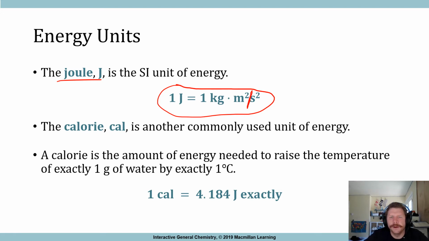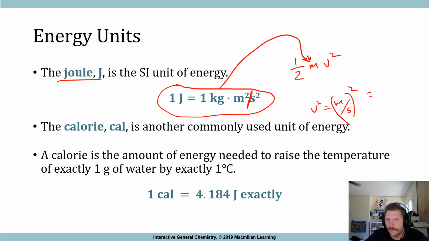If you remember our formula, 1/2 mass in kilograms times velocity squared. An example of units for velocity would be meters per second. If you square that, you'd have meters squared per second squared.